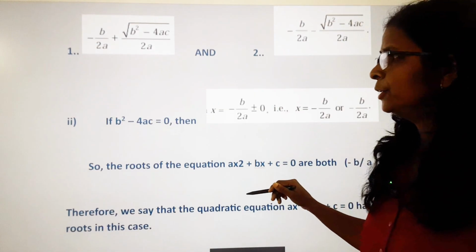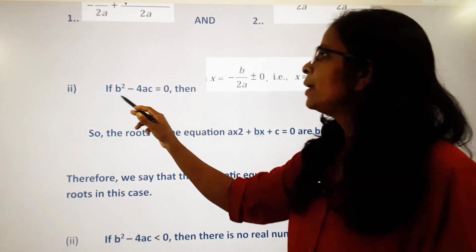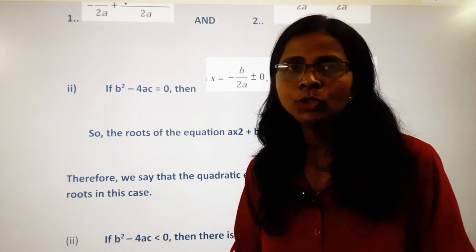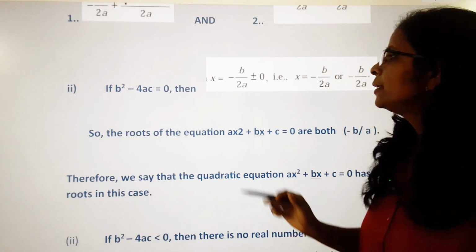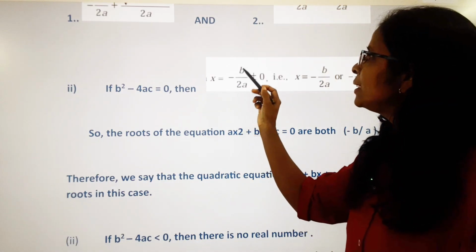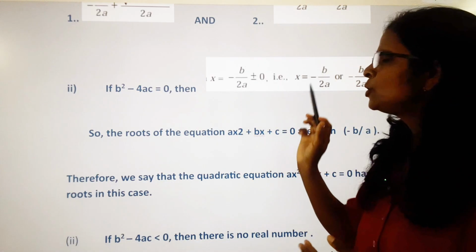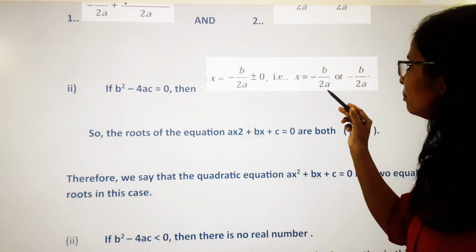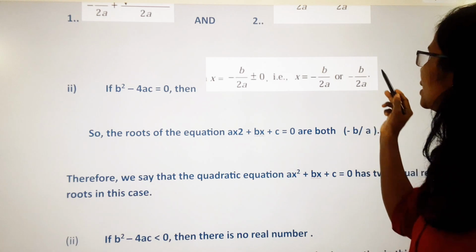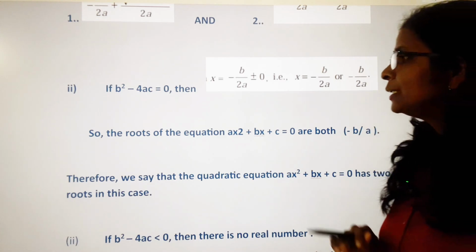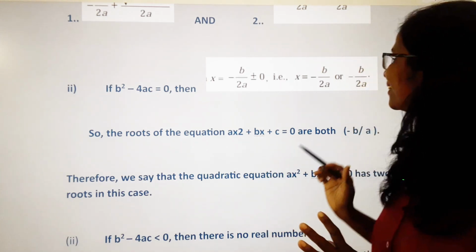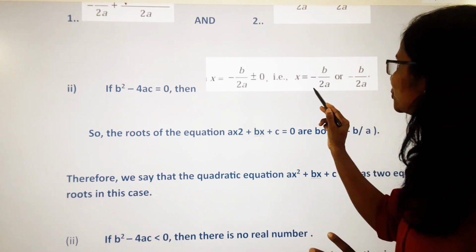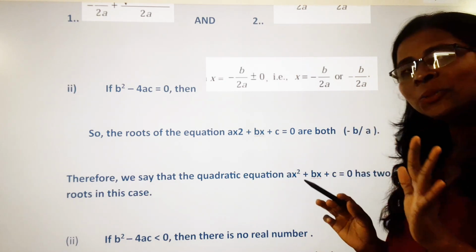So by this first condition, we can find out the nature of the roots. Now the second condition: if b² - 4ac is equal to 0, then x = -b/2a ± 0. That means x = -b/2a or -b/2a. See here, both the solutions are equal, there is no difference.